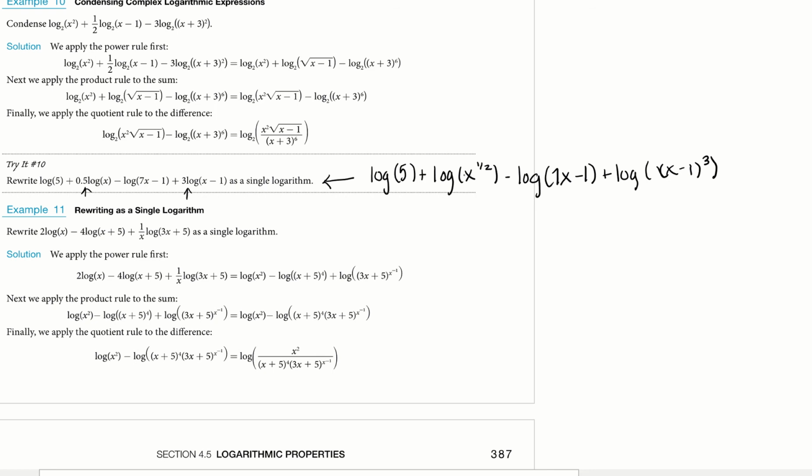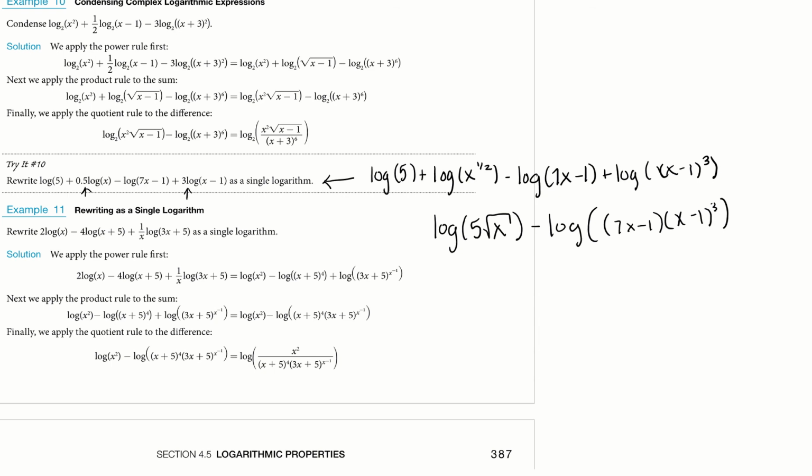So now what? I know these are multiplied, so it's going to be log 5, and I'll go ahead and make that a square root, minus log (7x − 1)(x − 1) to the third. Now I'm going to do the quotient property. Remember, it's PPQ.